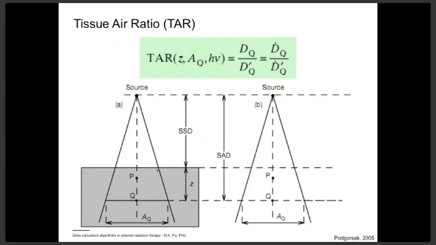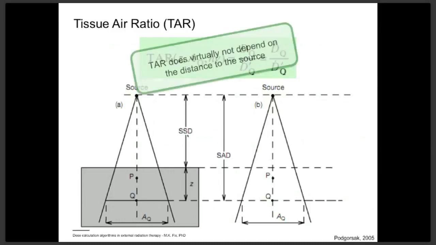There is only a small change in the scatter volume, but if the change in SSD is not that extensive, this assumption is still valid. So the tissue-air ratio does virtually not depend on the distance to the source. And we will see an example of how to take advantage of this in a few minutes.